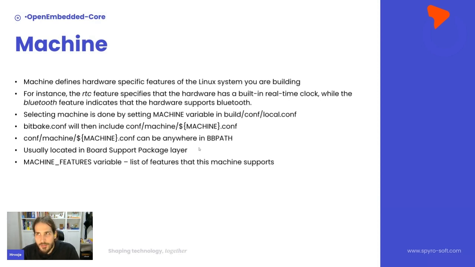Usually they don't contain just one machine, but, let's say, a family of machines. And here we also have MACHINE_FEATURES, a variable that lists the features this machine should support.